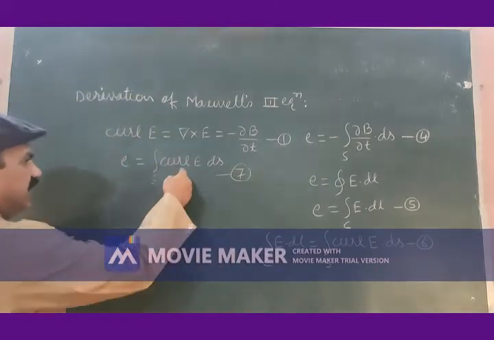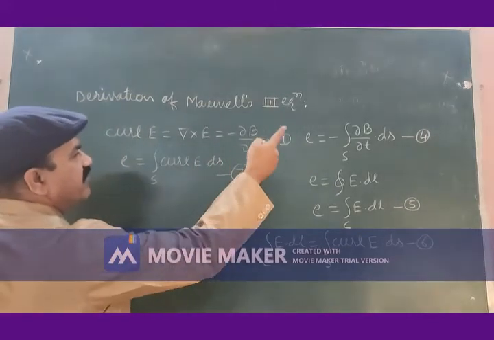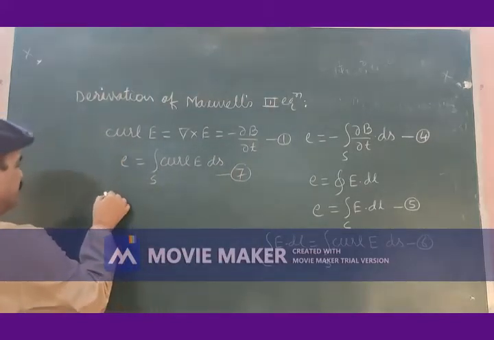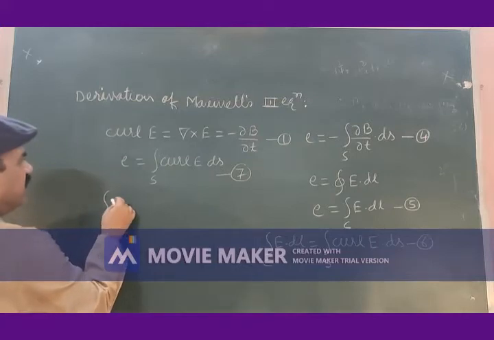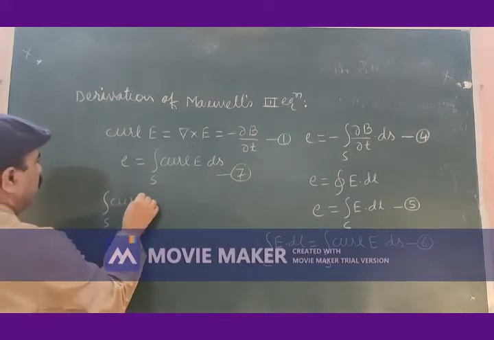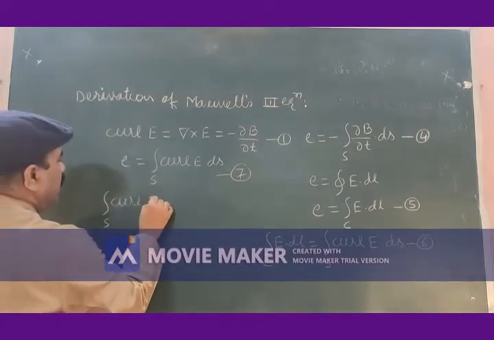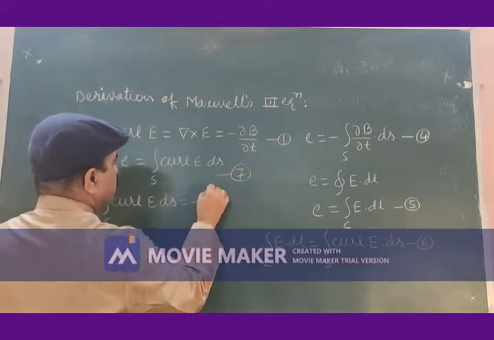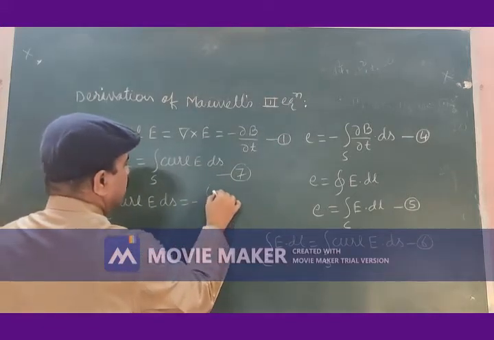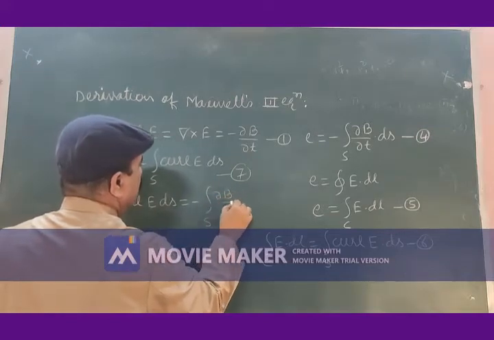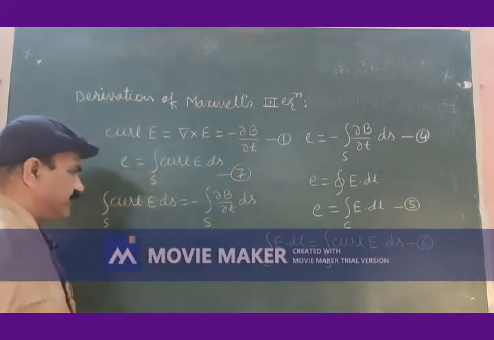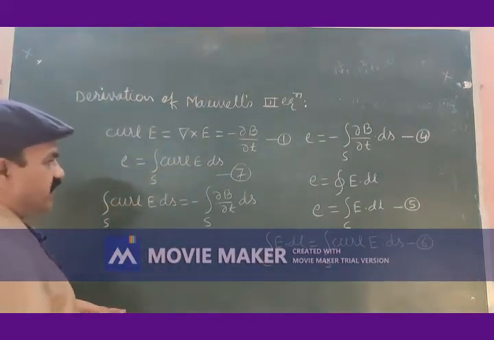And so let us equate the RHS of equations 4 and 7 to get the surface integration of curl E ds is equal to minus the surface integration of dou B by dou T ds. Equation number 8.